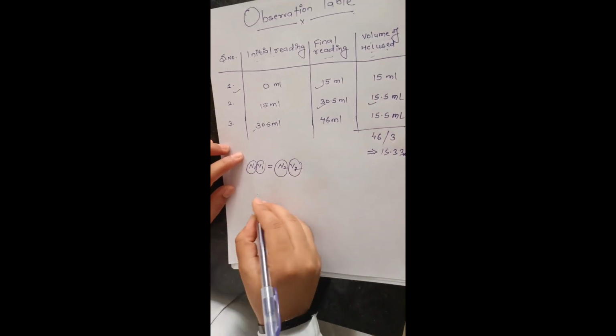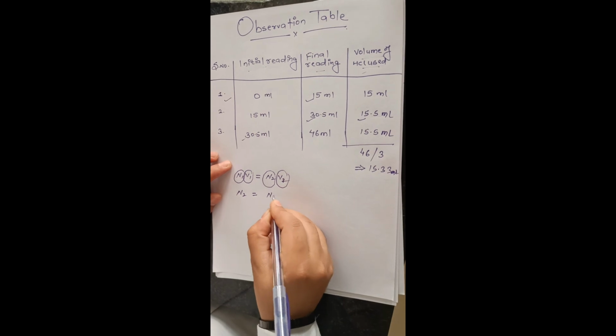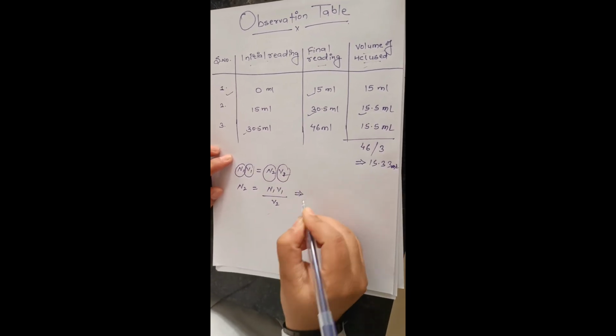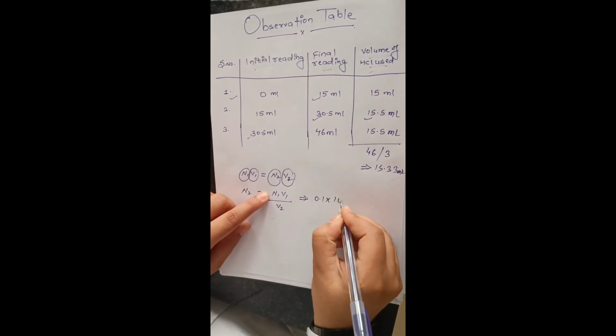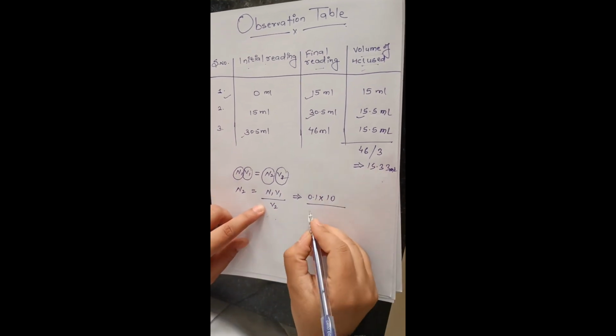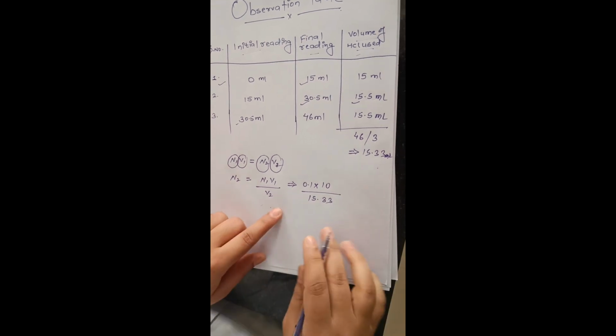So now we will modify the formula and it will be N2 equal to N1 V1 divided by V2. Now we will put the values. N1 was 0.1 and we have taken 10 ml of Na2CO3 during the titration, and V2 was found by doing the titration, it was 15.33.